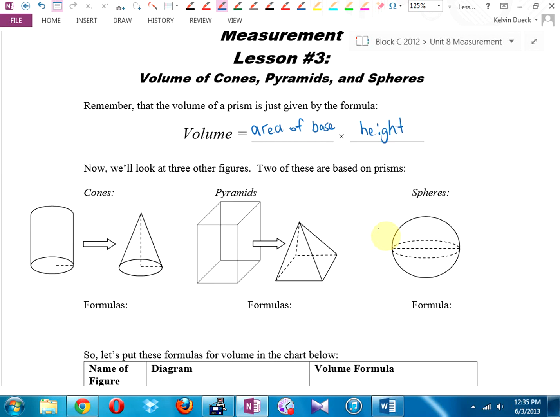A triangular-based pyramid. Can have a rectangle as a base. A rectangular-based pyramid. Can have a hexagon as a base. Hexagonal-based pyramid. Can have whatever. Okay? And then the weird one is the sphere. By the way, can you guess that the sphere will have a pi in the formula somewhere? Because you can see there are circles and stuff.